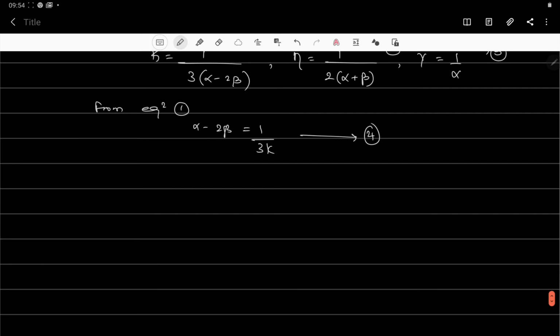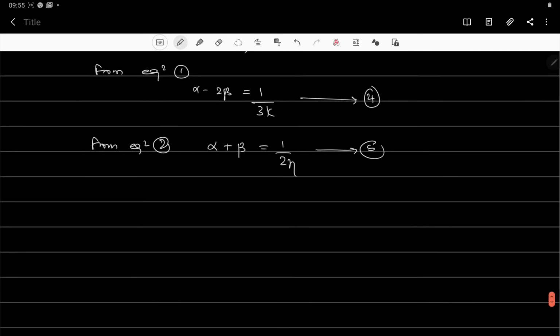And from equation 2, simplifying, alpha plus beta equals 1 by 2 eta. This is equation 5.